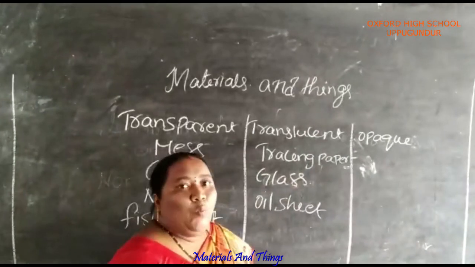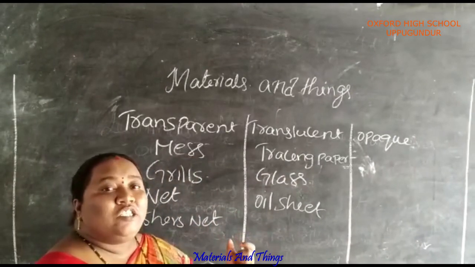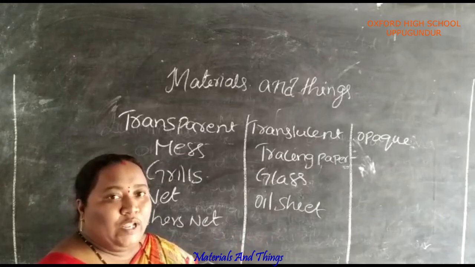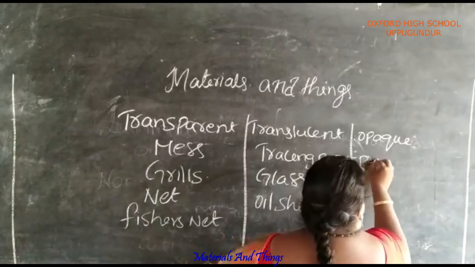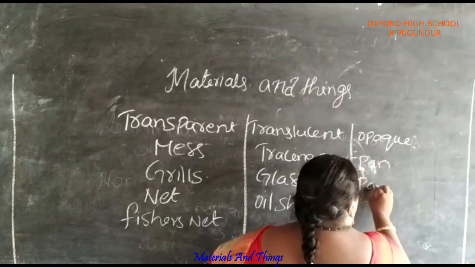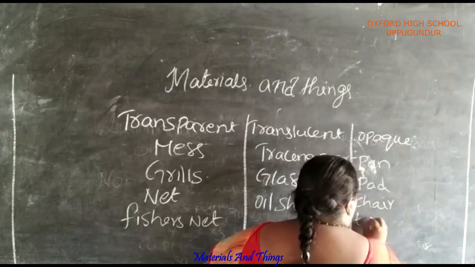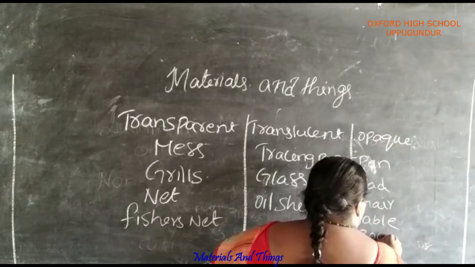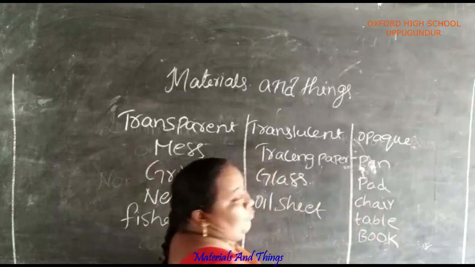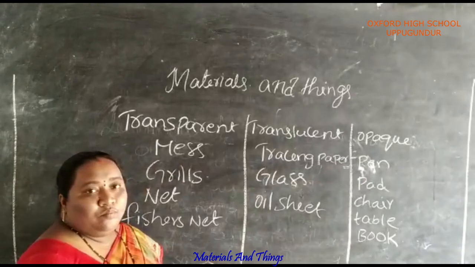Next, opaque. What is meant by opaque? The non-luminous object which does not allow the light to pass through them is called opaque. Example: pen, pad, chair, table, book, etc. These are the examples for opaque substances. Okay. Thank you.